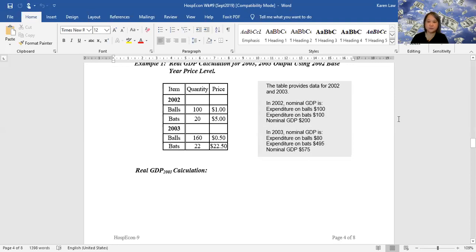So here is one thing to know. In 2002, we calculate nominal GDP. However, here is the main key point: for the base year, nominal GDP is the same as real GDP. So in this case, you can just use our nominal GDP calculation of 200.